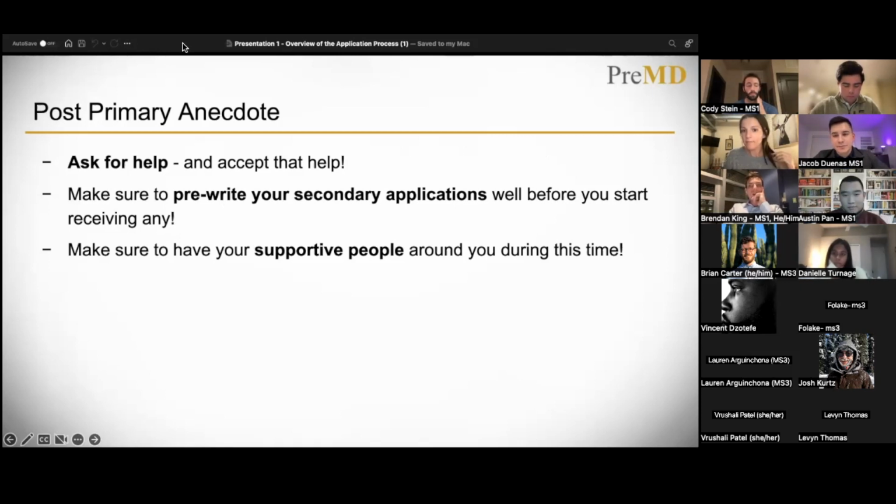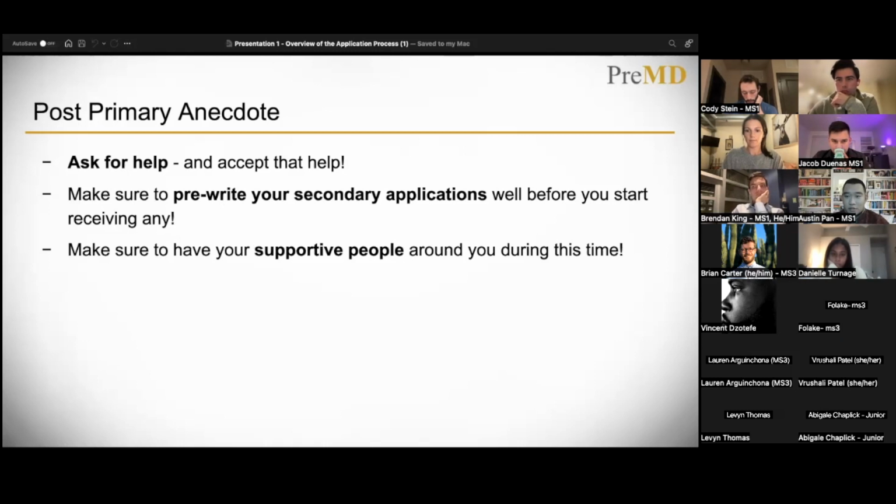I can just say that post primary application, in terms of preparing for interviews, asking for help is crucial. Doing mock interviews with people that have either been through the process or have done a lot of mock interviews is super helpful. It's probably one of the most important things you can do. People can tweak your answers.